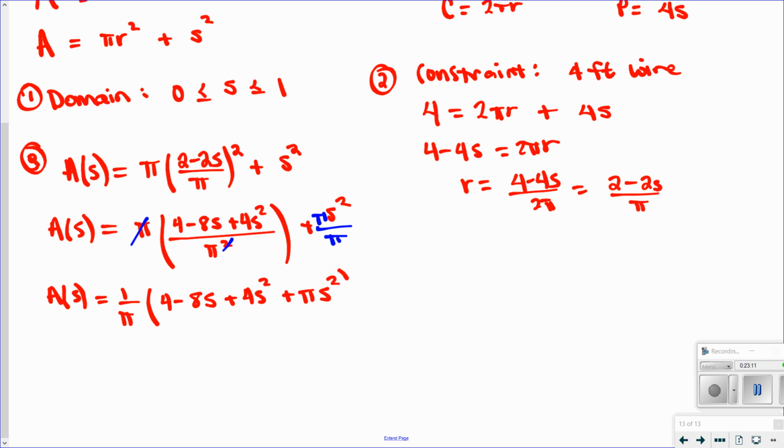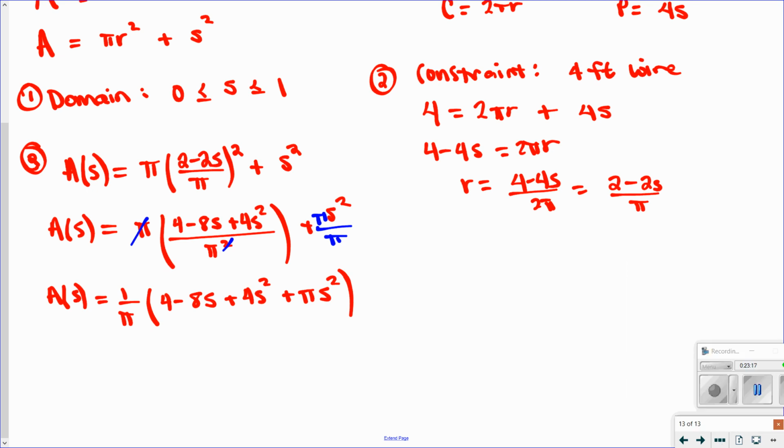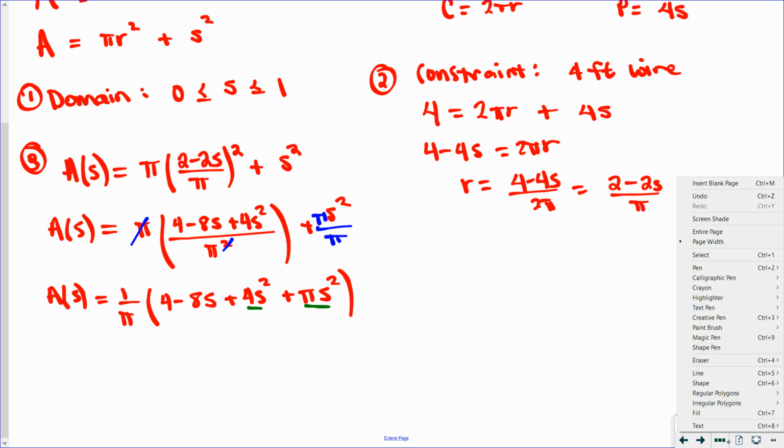Now, not super noticeable, but enough that I'm going to do something about it, is we have 2 s squareds, so technically these are like terms. If this was like 2s squared plus 4s squared, we could combine it to 6s squared, 4 plus 2. But it's 4 and pi, and since you can't combine those because pi is an irrational number, that's (4 plus pi) s squared.